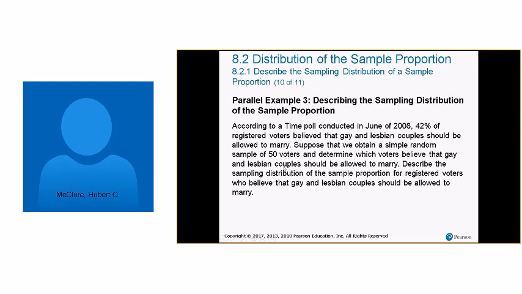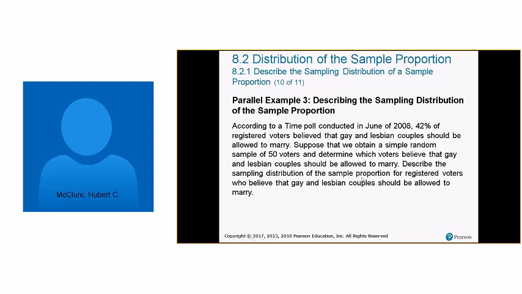All right. And I think they're giving you an example here. According to a Time poll conducted in June of 2008, 42%, that's 0.42, of registered voters believe that gay and lesbian couples should be allowed to marry. Suppose that we obtain a simple random sample of 50 voters and determine which voters believe that gay and lesbian couples should be allowed to marry.